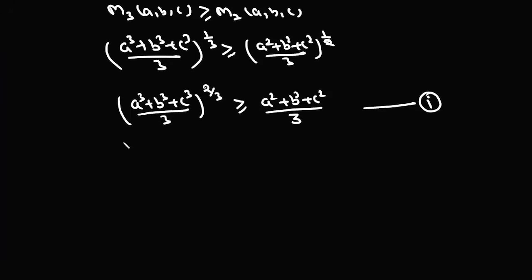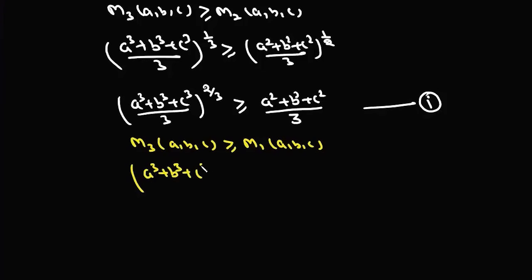So we can write M3(A,B,C) will be greater than or equal to M1(A,B,C). So it will be ((A cube plus B cube plus C cube) upon 3) to the power 1 by 3 and will be greater than or equal to (A plus B plus C) whole divided by 3, and that's our second inequality relationship.